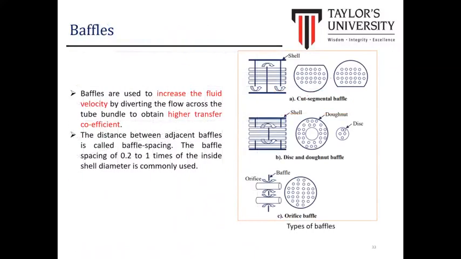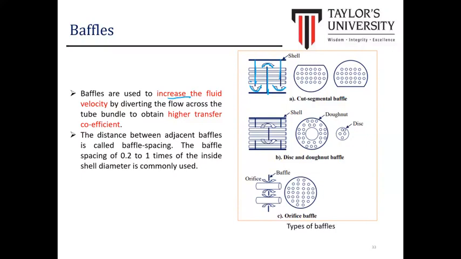Okay, the last is the baffle. Baffles are used to increase the fluid velocity by diverting the flow across the tube bundle. For example, if we have the baffle here, we can have the flow on the shell side that increases the fluid velocity.